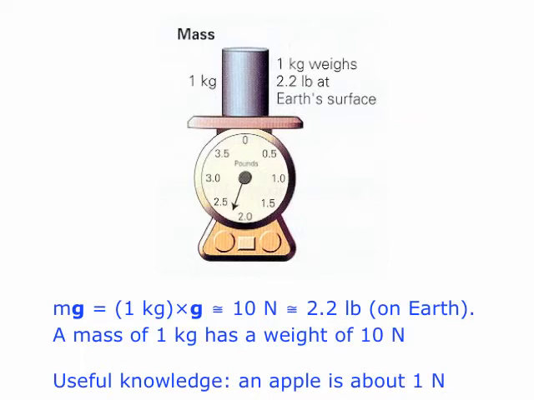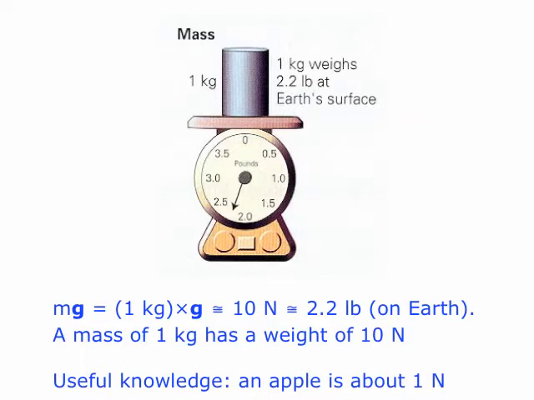But we represent force in units called newtons. So 1 kilogram times g, if we take g to be approximately 10 meters per second squared, is equal to 10 newtons. And the newton is our unit of force. So a mass of 1 kilogram is a weight of 10 newtons.